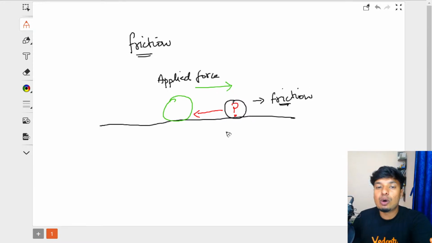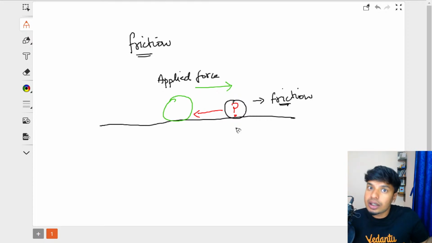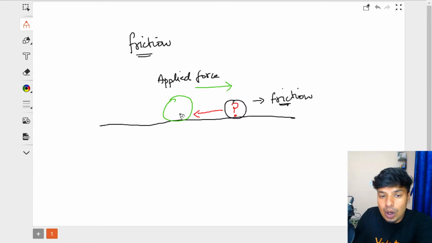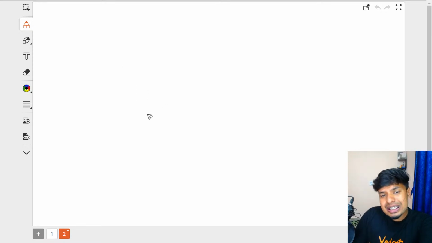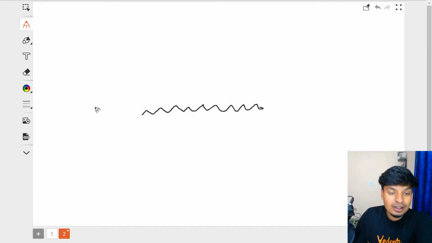Now you can have a doubt: but sir, how is friction occurring? What is the reason behind friction? Listen very carefully. Let us zoom in here and see what exactly is happening. When you zoom in, you can see that the floor has a lot of roughness. Even the ball has a lot of roughness.